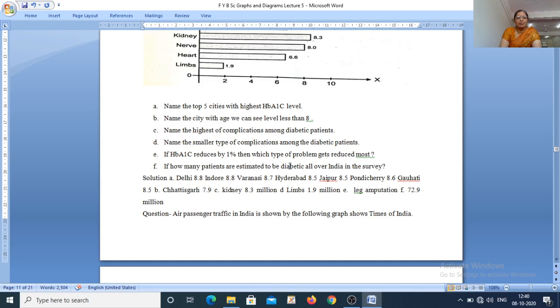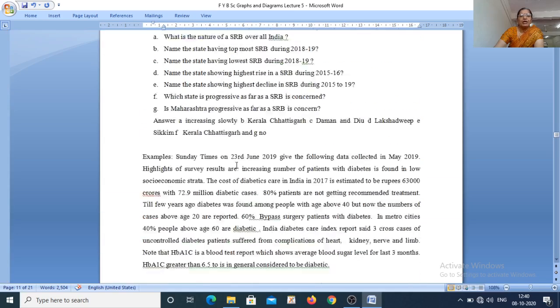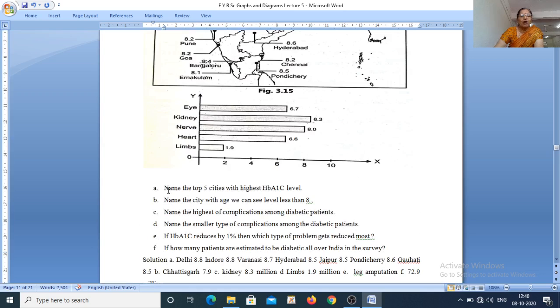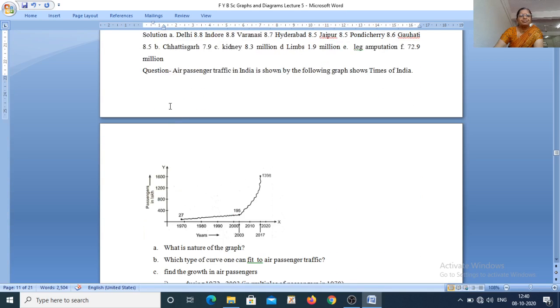So actually these problems are taken from competitive exam question papers only, and you will definitely understand the things if you think properly and interpret the results. These are the answers I have given. You just watch these graphs carefully and try to write questions of this type, and answers are for your reference.